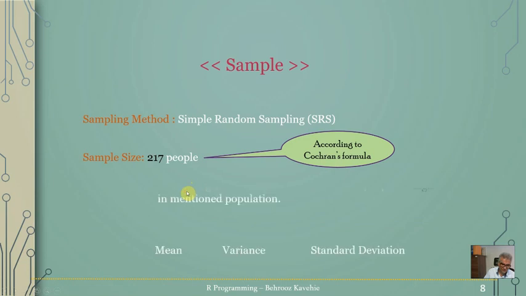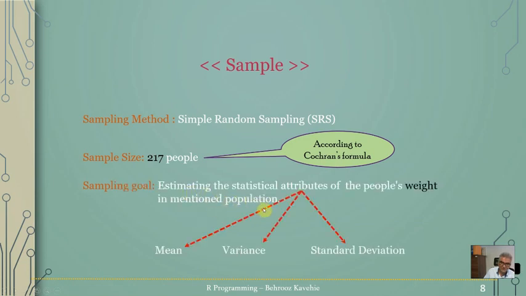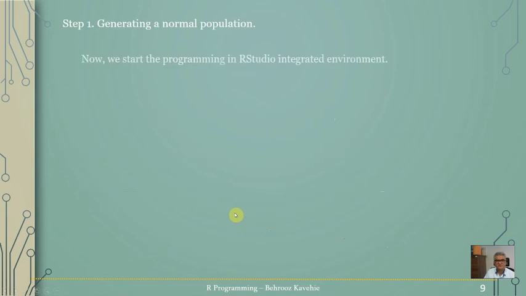What is our goal? We are seeking to estimate the mean, variance, and the standard deviation of the weight of the mentioned population. Would it be possible for us to develop a program that through some calculation could give us a picture of what is going on in the actual population?